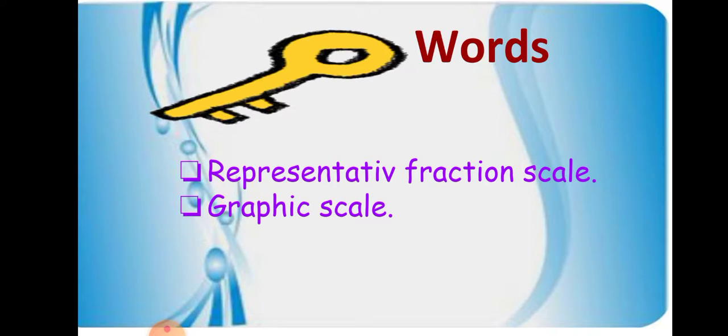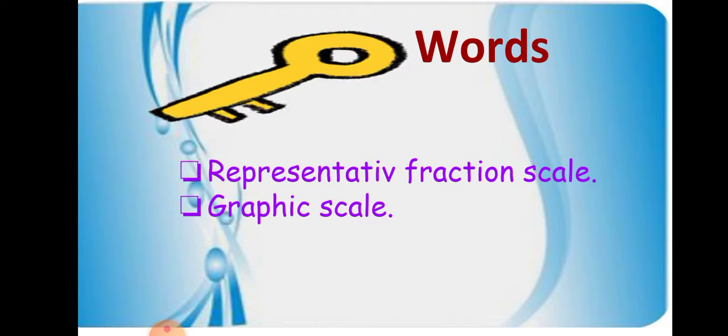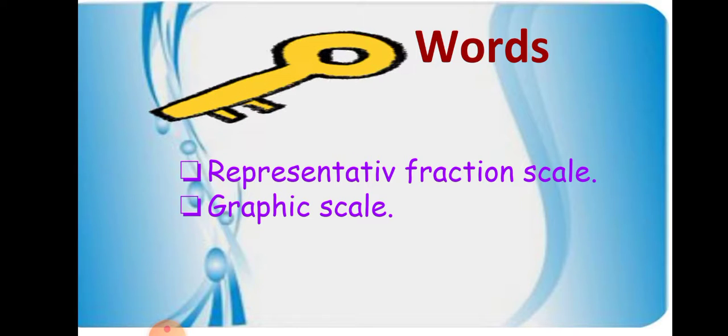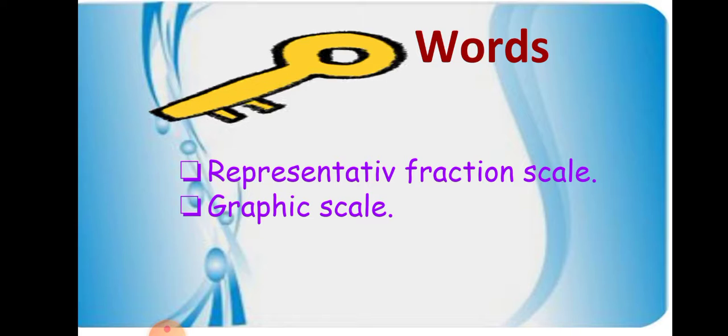For example, if 1 centimeter on the map is equal to 50,000 centimeters on the ground, then RF would be 1 is to 50,000. This scale can be converted into any unit of measurement like kilometers, meters, etc. using metric scales of measurement.